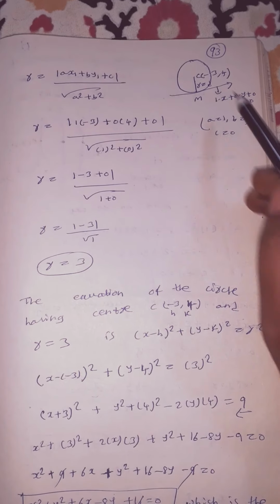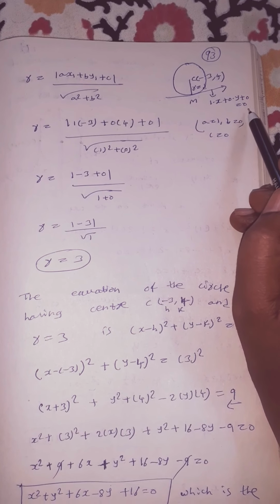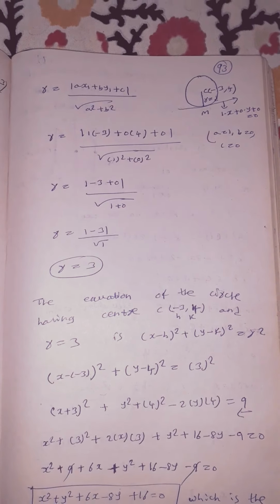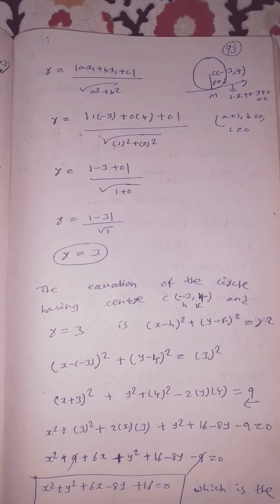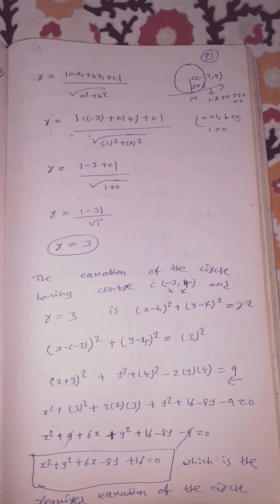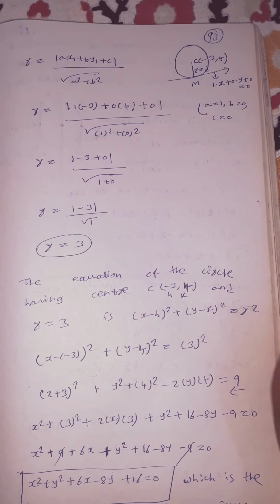Same diagram, children: the circle, and this line 1x + 0y + 0 = 0 touching the circle means radius is equal to perpendicular distance. So r equals the same formula, modulus of (ax1 + by1 + c) by under root of a² + b². Here a value is 1, b value 0, c value 0.